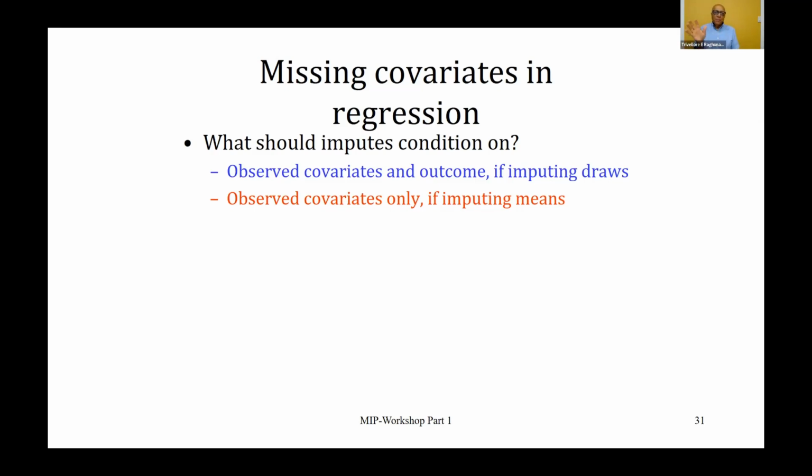As a statistician, I wouldn't do that, because I don't think there's any meaning to estimates without knowing the uncertainty associated with them. So if you're really only interested in estimates, then imputing means using covariates alone is probably okay.